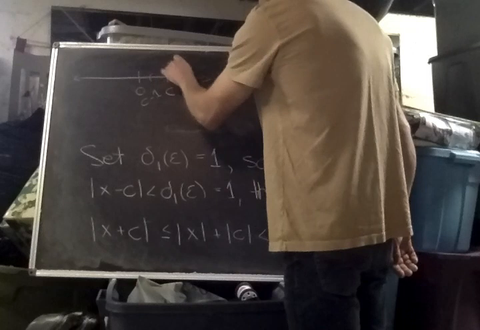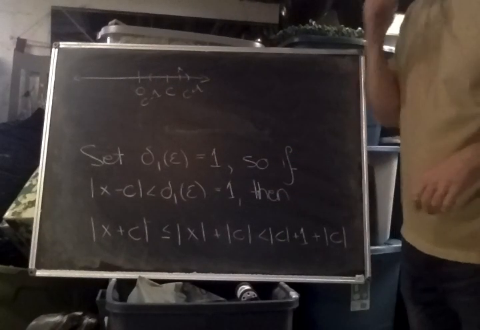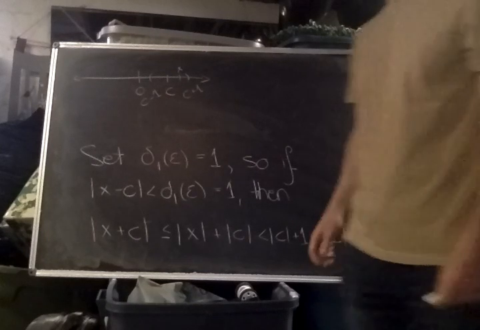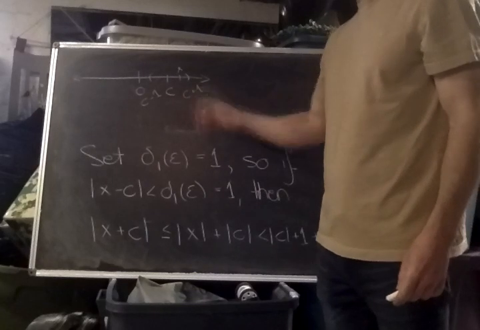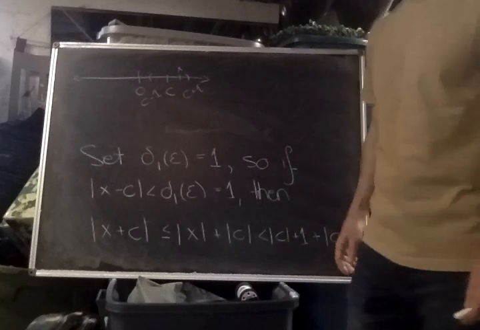So maybe there's x. But it should be pretty clear from the picture that the absolute biggest that x could be is still strictly less than, in this case, c plus 1, but since c is positive, that's the same thing as the absolute value of c plus 1.